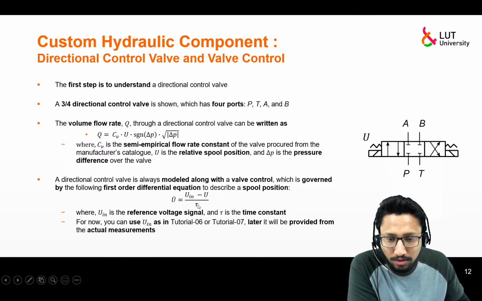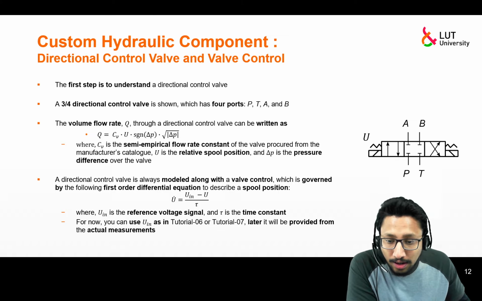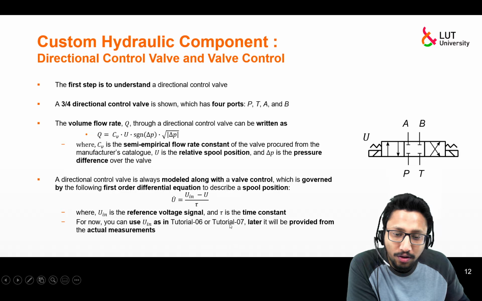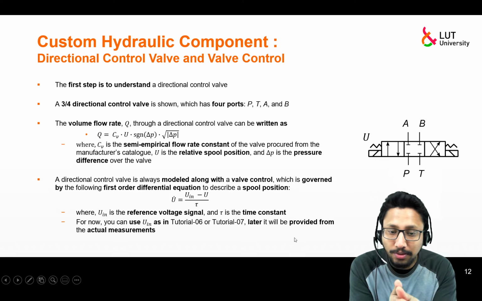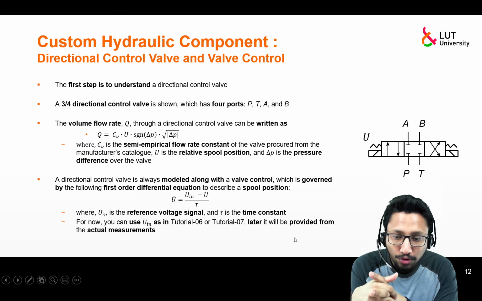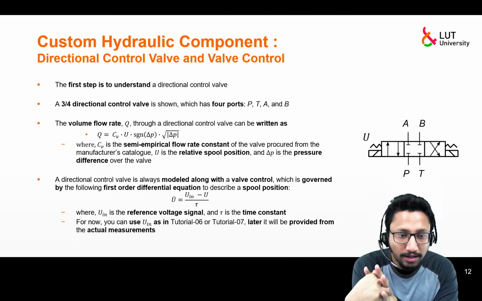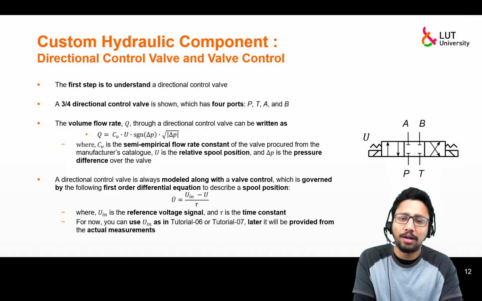So this tau and this CV need to be figured out from the manufacturer's catalog. For your case, you can take it as shown in tutorial 6 or tutorial 7, because later it will be provided from the actual measurements of the value of U that we will be using in the actual laboratory setup. You will be using exactly the same value, and we will provide it to you, so do not worry about that.